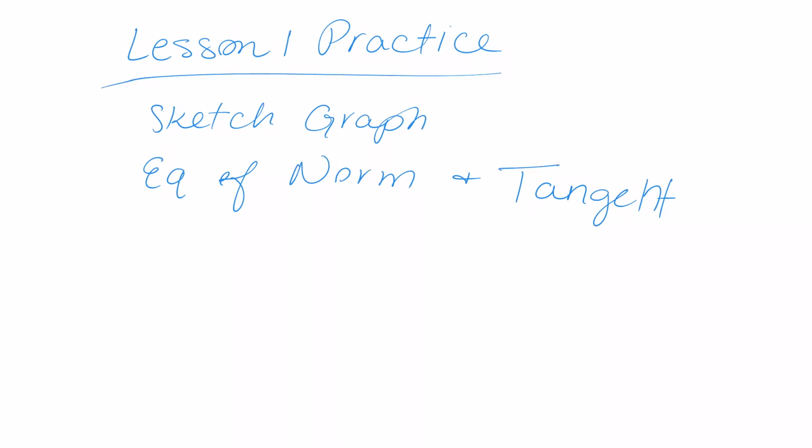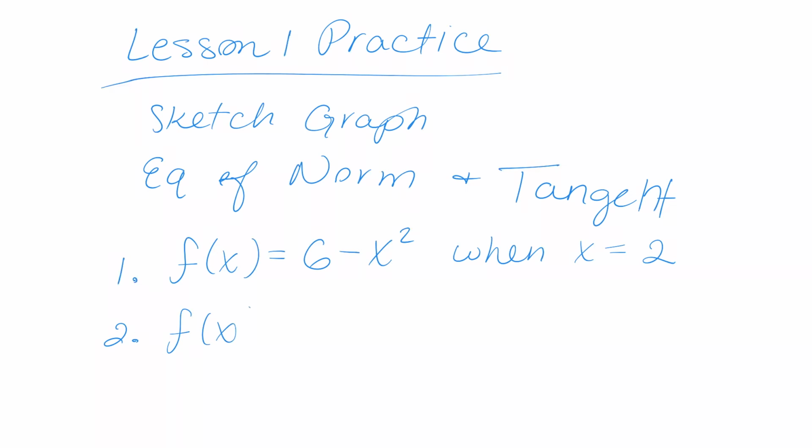So number 1 is going to be f of x equals 6 minus x squared when x equals 2. And number 2 is going to be for the function f of x equals the square root of x. Be careful.